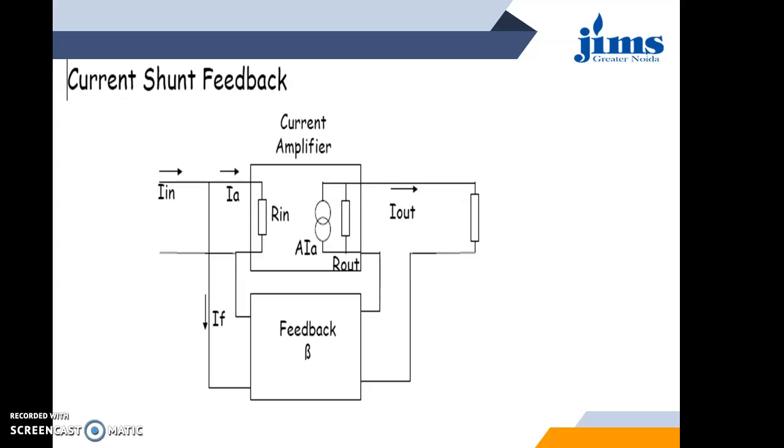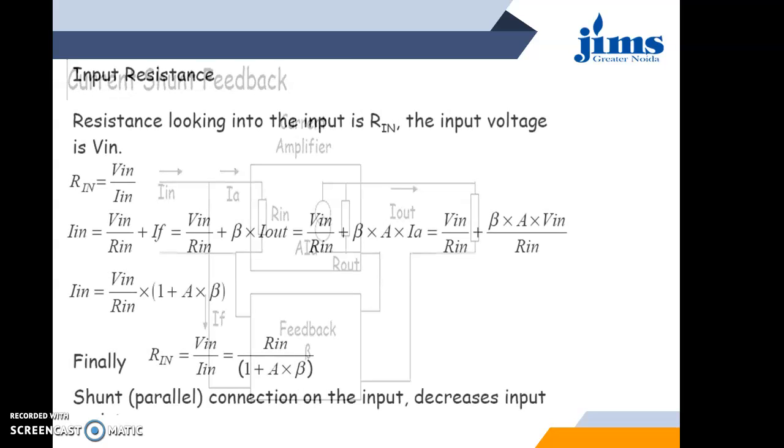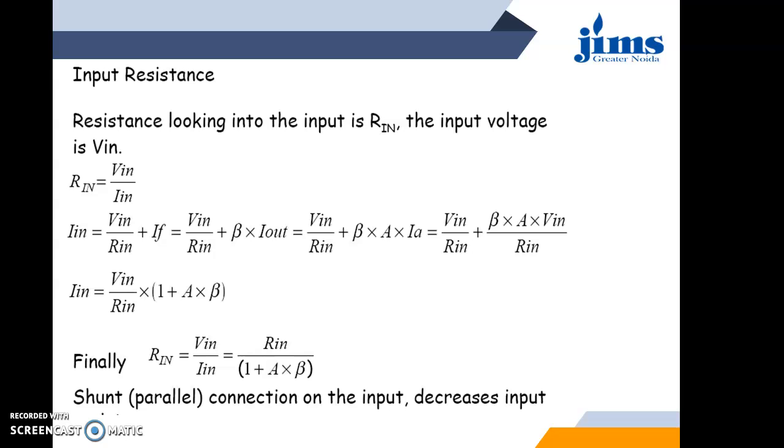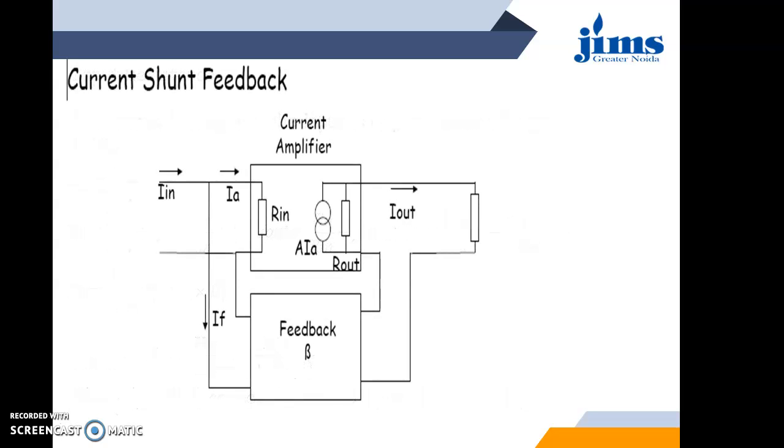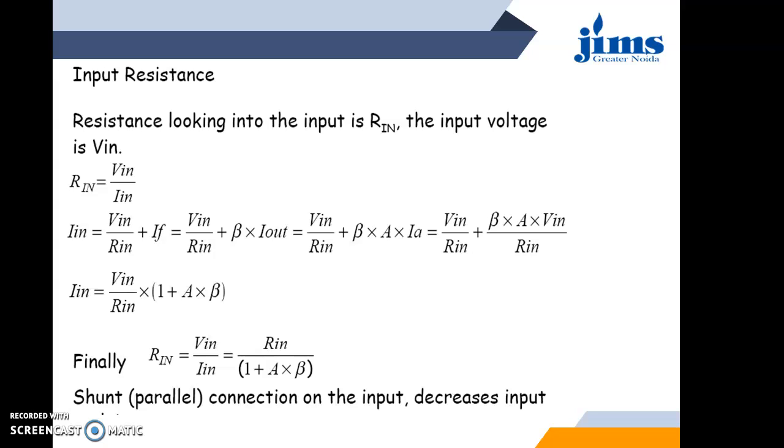Now the current shunt. The output energy is current, so it is in series, and the input port is in shunt or parallel. In parallel the currents get divided, so the input port is in parallel and the output port is in series. The same current flows in series at the output port. If we talk about the input resistance, the input port is in shunt, and we know that in shunt the impedance decreases.